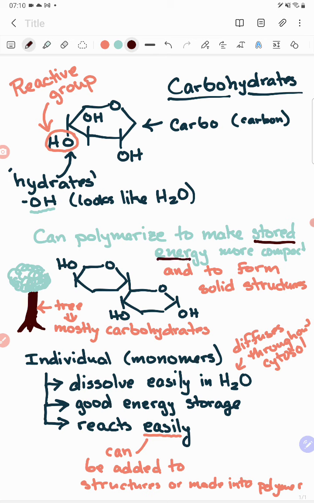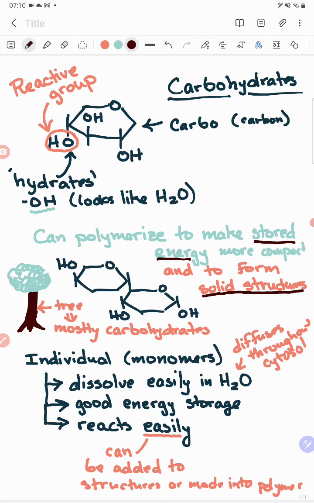You can polymerize it into different shapes. You can polymerize it into these very long chains, and you can go one way or the other. One where you polymerize it into literally stored energy, where you can break it down later to burn it, or you can use it to form solid structures. And usually when you form a solid structure with a carbohydrate, it's not actually something you can digest.